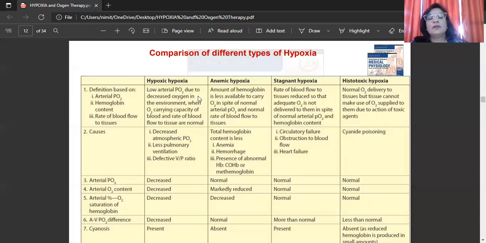Now, what are the causes of hypoxic hypoxia? You must know the causes of the various types of hypoxia, which we will be covering.